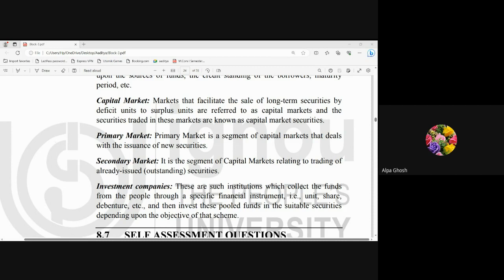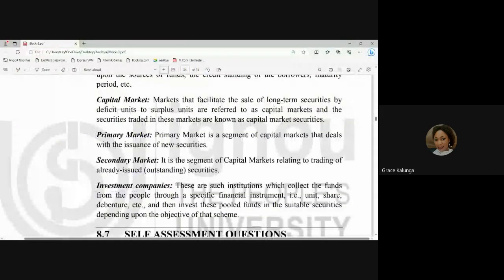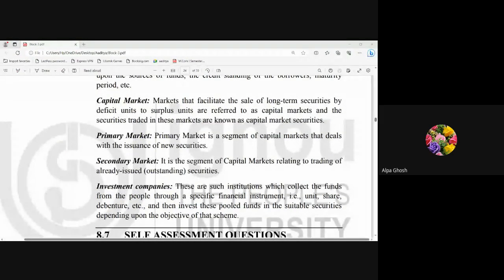So for Zambia, the regulator of securities market, that is capital market, it is Securities and Exchange Commission. Okay, so it is the same here in India. We have Securities and Exchange Board of India, that is SEBI, and for Zambia it is SEC, and they are established by the act of the parliament.